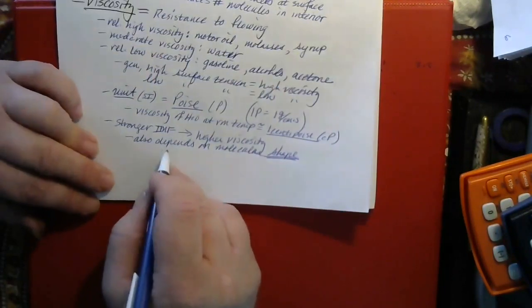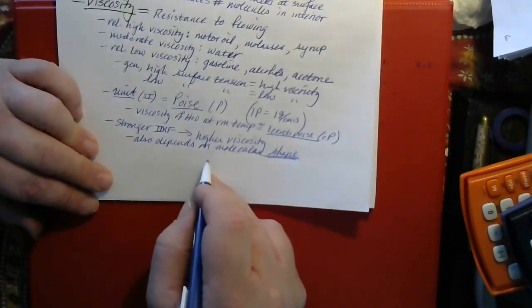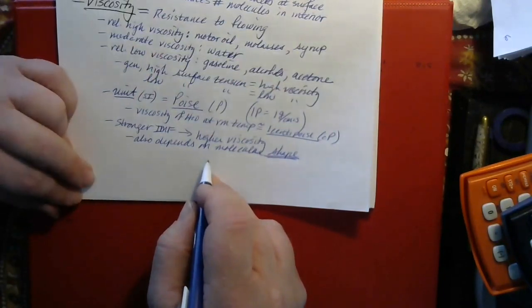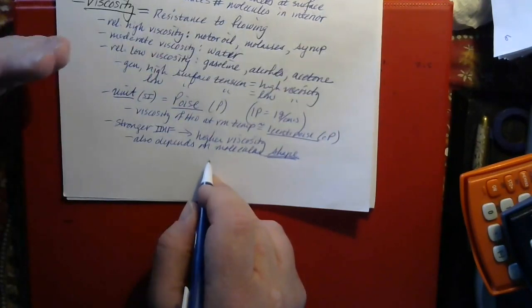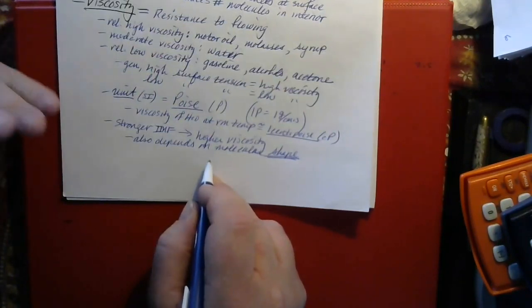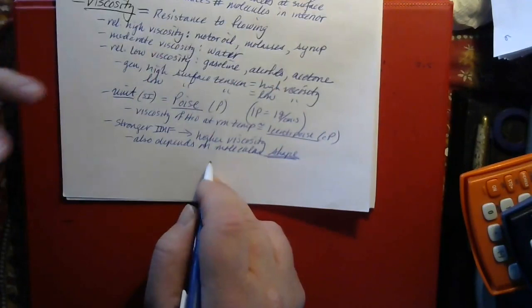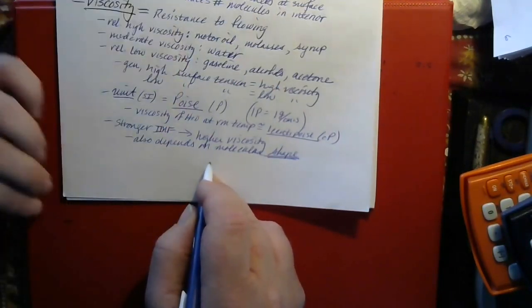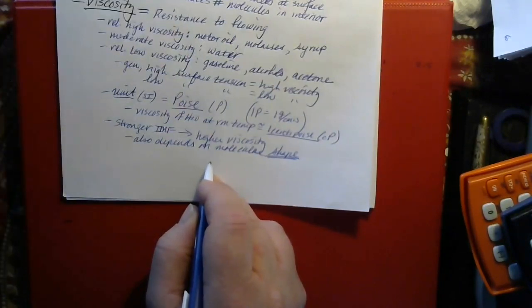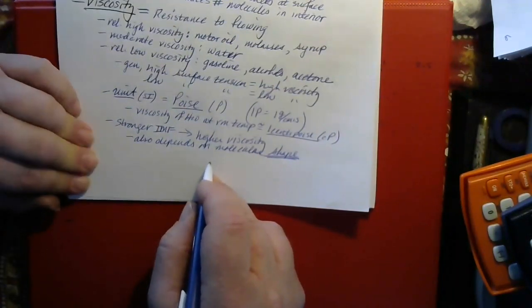And the fact is that depending on the shape of the molecule, those molecules might tumble over each other very easily, but certain sizes and shapes of molecules might actually become literally physically entangled in each other, which would result in more difficulty in flowing and a higher value for viscosity.